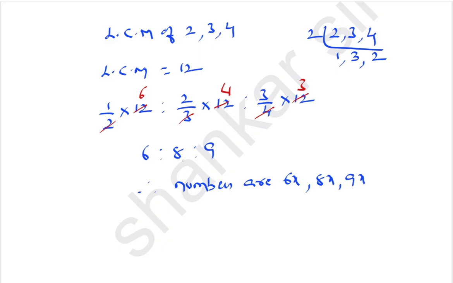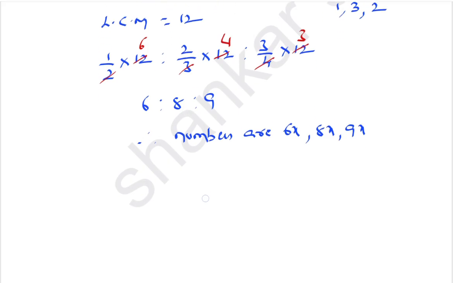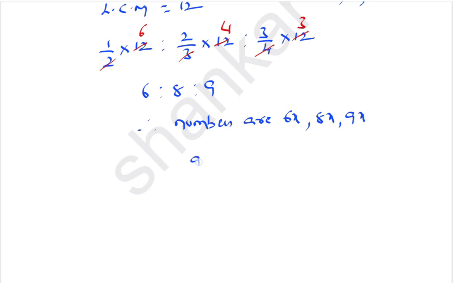We don't know the exact value, therefore 6 into some variable, 8 into some variable, 9 into some variable. Out of these three, highest number minus lowest is equal to 33, it is given. Therefore 3x will be equal to 33, x will be equal to 11.